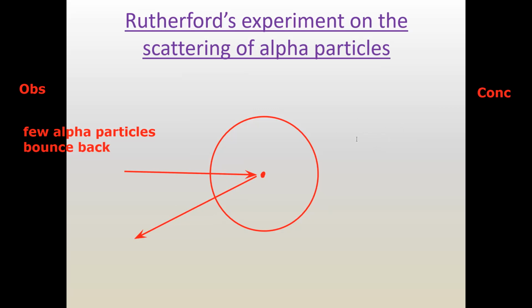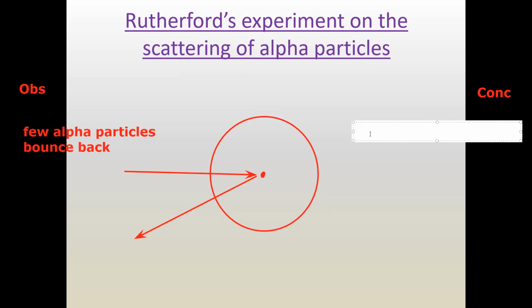So what he suggests for this, because if anything is made up of matter particles, then only, for example, if I throw a ball towards the wall, the ball will bounce back, because when the ball hits the wall, the particles will interact, and those particles force the ball to bounce back. So same thing he suggests, that's why some of the alpha particles bounce back.